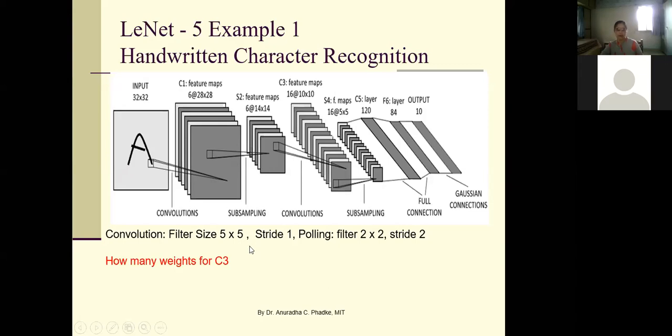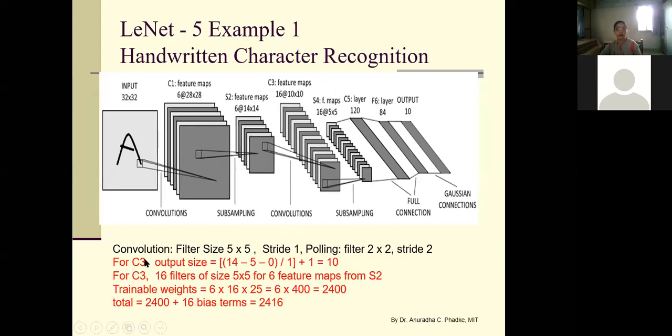Okay, so now for convolution layer 3, there are 16 filters, each of size 5 by 5, for the 6 feature maps from the previous layer. In the previous layer, there are 6 feature maps, and for all these 6 feature maps, we need 16 filters of size 5 by 5.